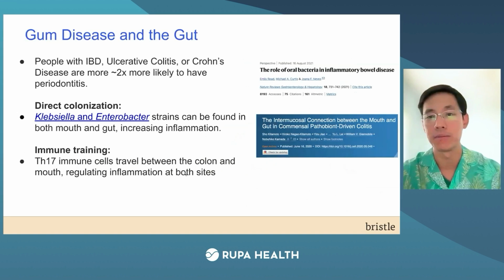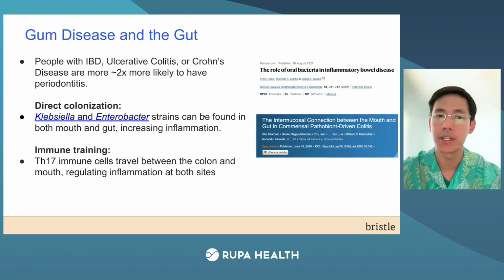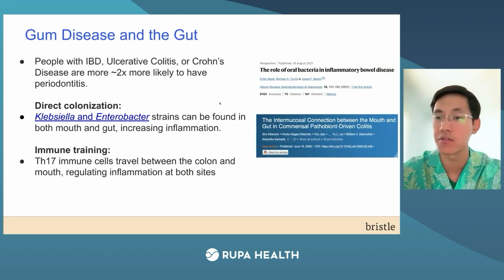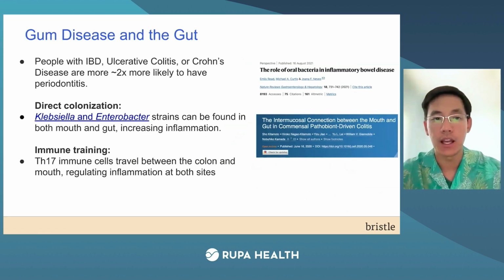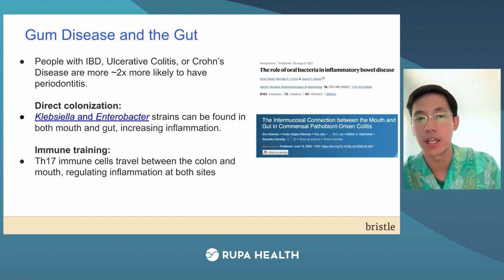So in this first example, we'll talk about how the oral microbiome affects the gut. There was a study decades ago that showed that people with IBD have increased odds of having periodontal disease and vice versa. And then more recently, through some studies, they found that there are certain species that are associated with both diseases, and they found them in the mouth and the gut of patients.